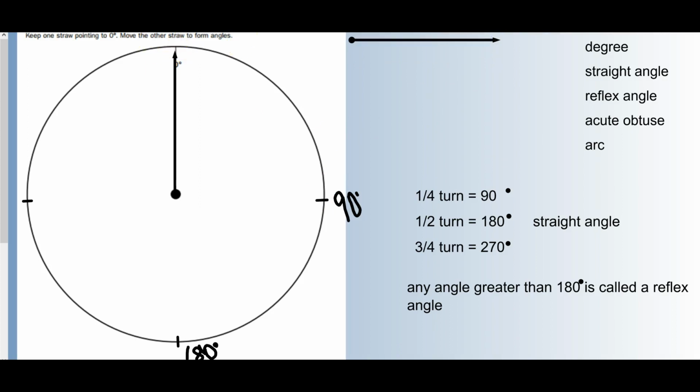If my angle looks like this, 180 degrees, it's actually called a straight angle because it makes a straight line. I didn't place mine perfectly, but it should make a straight line. 180 degrees is a straight angle.